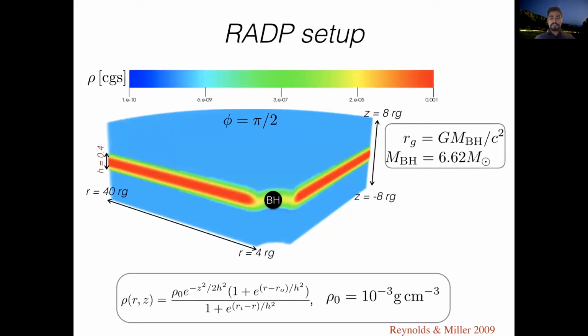This is not yet a Shakura-Sunyaev profile, density-wise. We have a constant height slab along the radial direction, and it follows a vertical profile described here from the Reynolds and Miller paper. The domain size is not extremely large. We are very close to the black hole, trying to understand what happens to this particular model very close to the black hole.